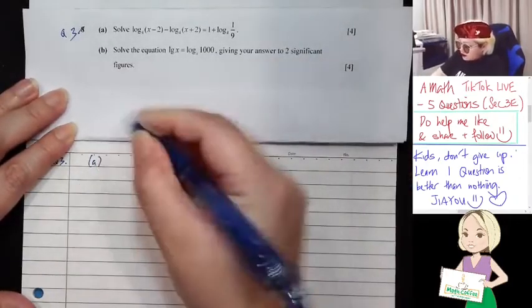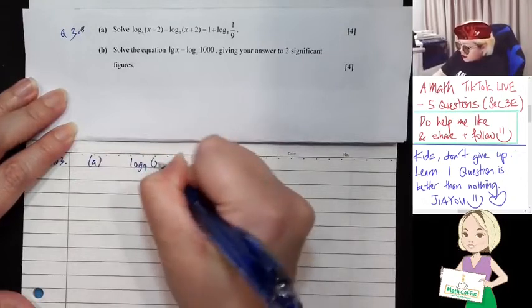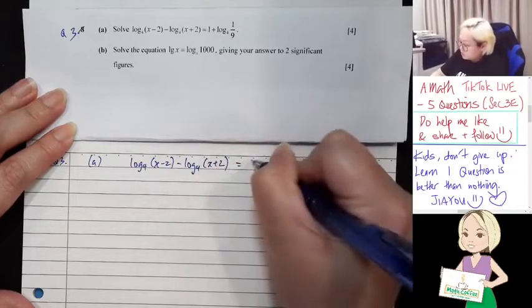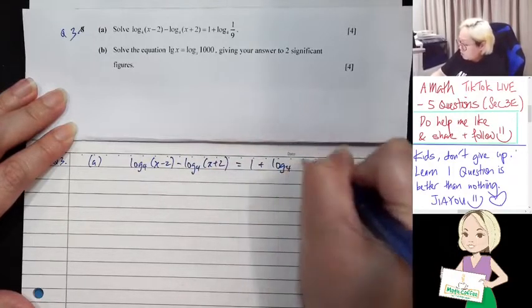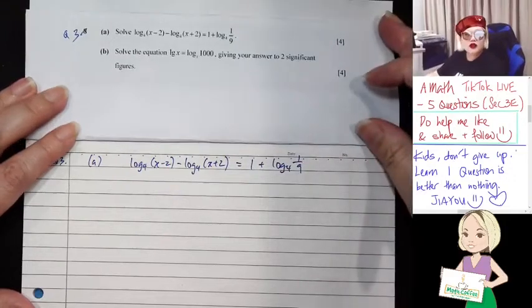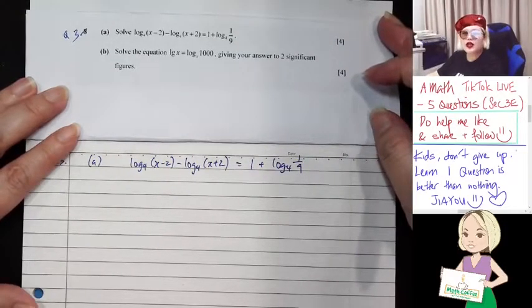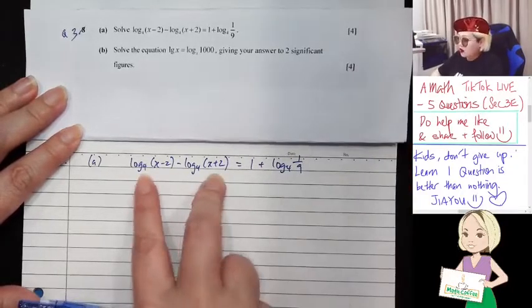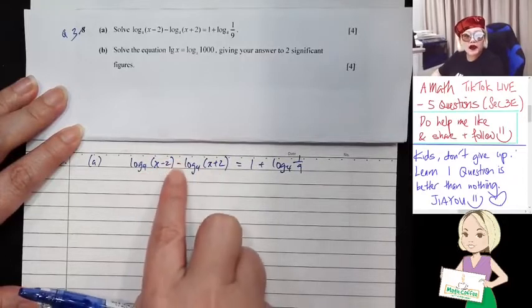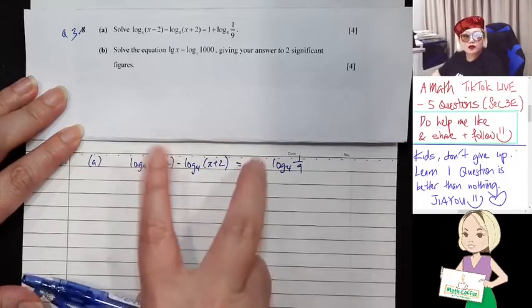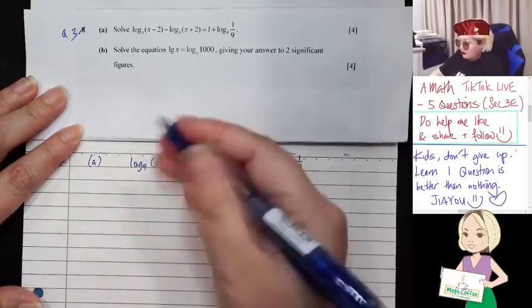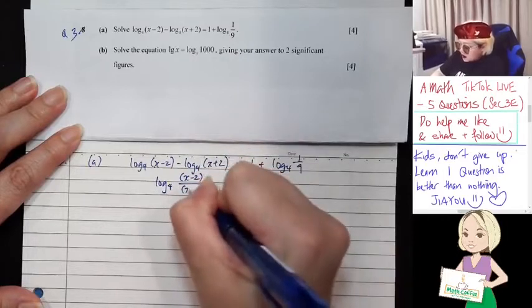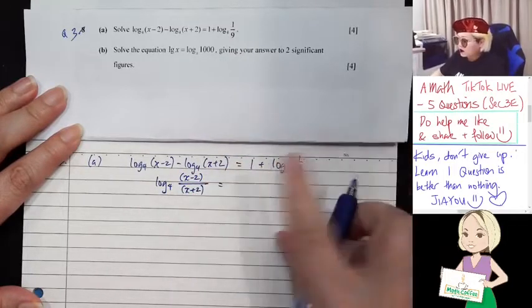So part A, solve for log 4 (x minus 2) minus log 4 (x plus 2) equals 1 plus log 4 (1 over 9). So this kind of question, you need to combine to make sure that the left hand side is a single logarithm, the right hand side is a single logarithm. So this is easy. Why? Because it's already both base 4 and it's minus. And remember just now I said when it's minus, to become a single logarithm, it is divide. So this becomes log 4 of (x minus 2) over (x plus 2) equals 1 whole.